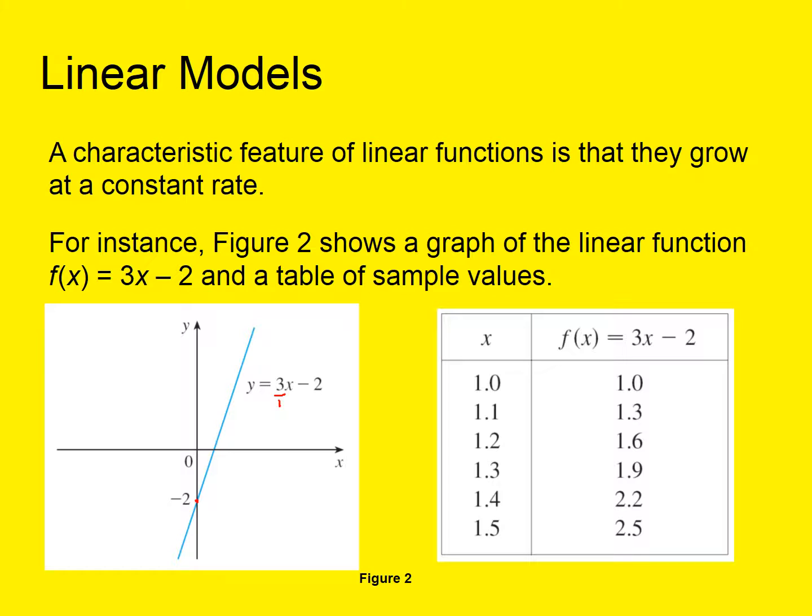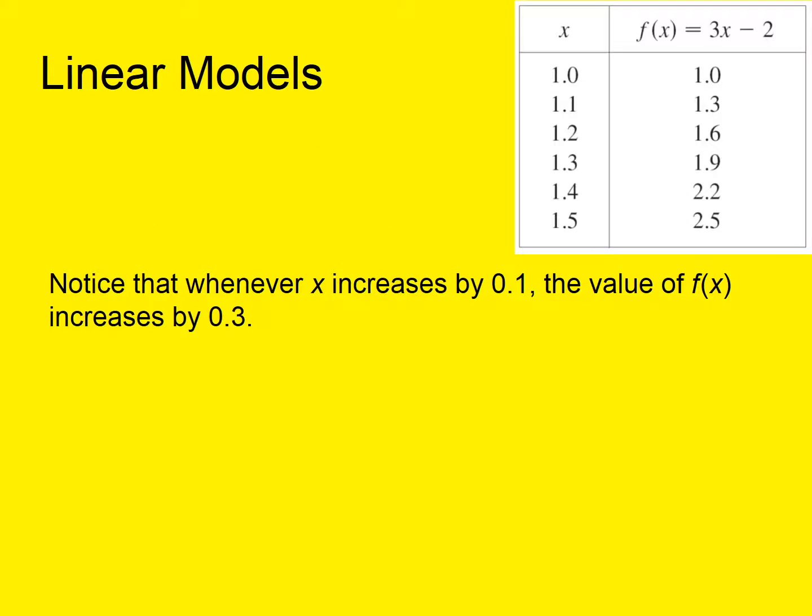It's a constant rate of increase, so these are all the same. These are all 0.1. A constant increase in x for a linear model always results in a constant increase in y: 0.3, 0.3, 0.3 every time. If it is not the same every time, then you don't have a linear model. Notice that whenever x increases by 0.1, the value of f of x increases by 0.3.